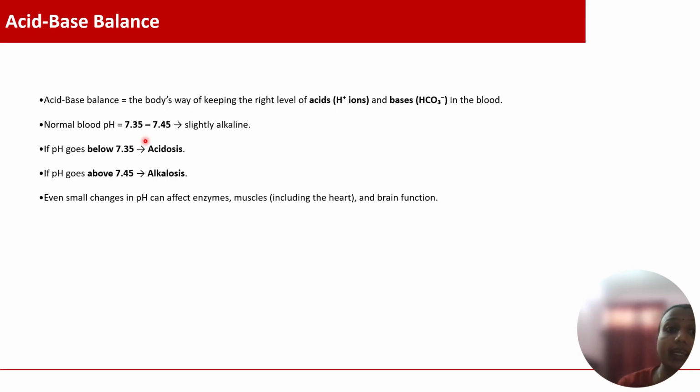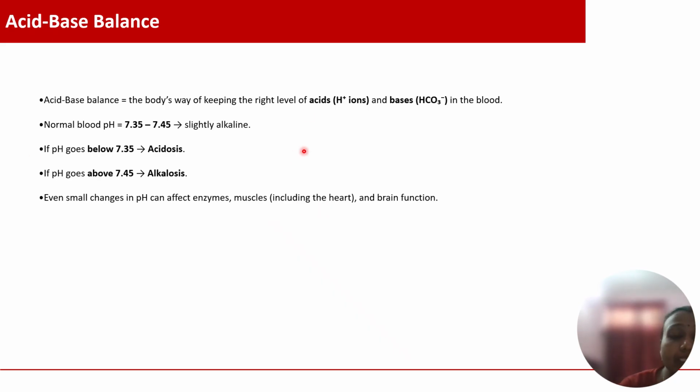You will get one question from this acid base imbalance area. If pH goes below 7.35, then we can say that the blood becomes acidosis. And if the pH goes above 7.45, we can say that it is alkalosis. Even small changes in pH can affect the enzymes, muscles, including the heart and the brain function.